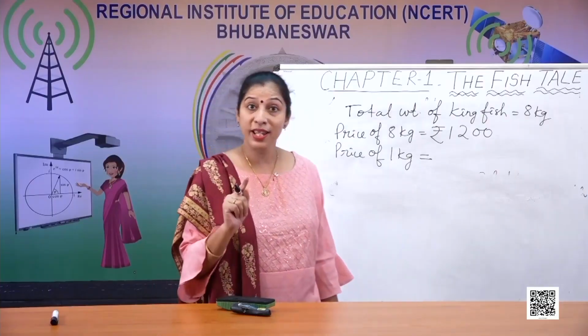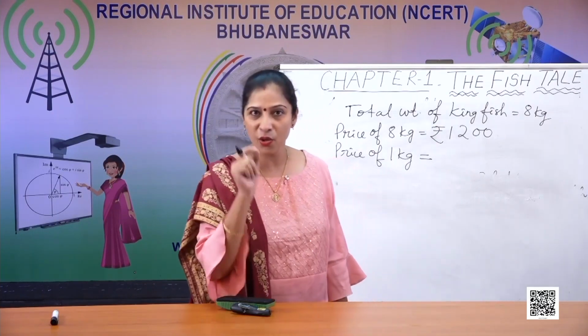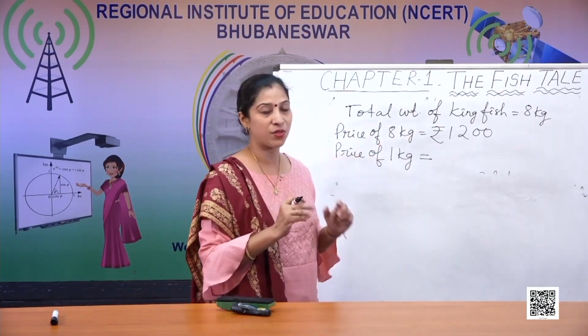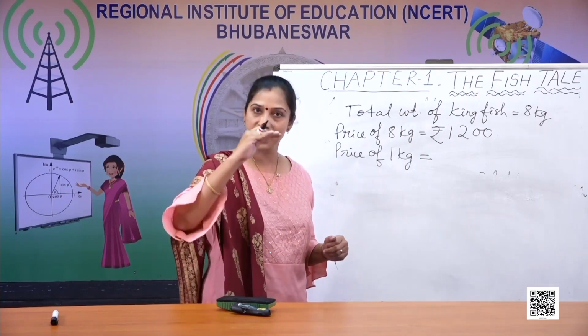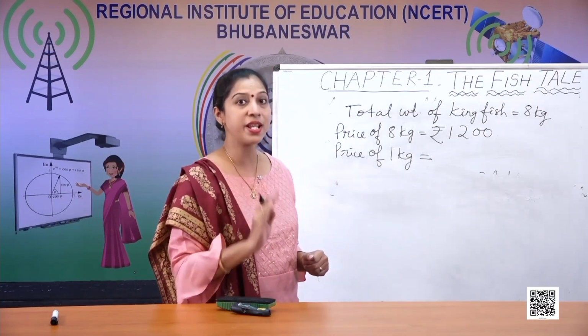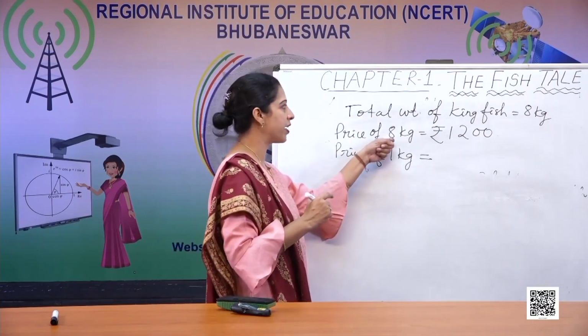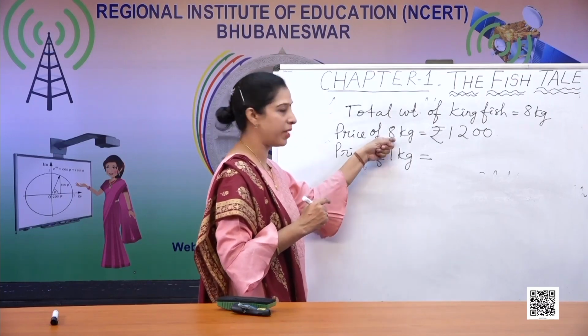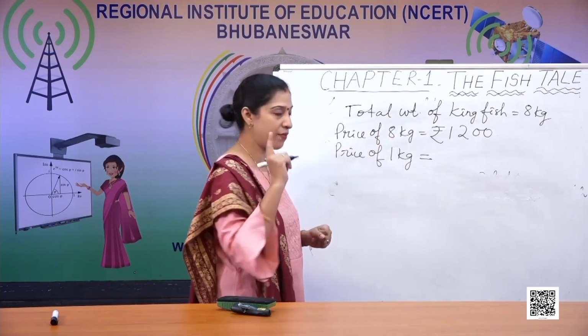If we want to find many parts from one part, we multiply. So the price of 1 kg will definitely be lower than the price of 8 kg. When you have to find something lower, you always divide.